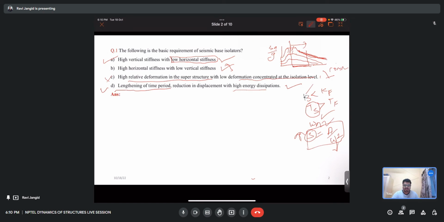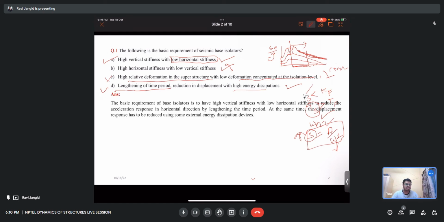I have written the statement also, you can go through this statement. The basic requirement of the base isolator is to have high vertical stiffness with low horizontal stiffness, as I discussed, to reduce the acceleration response in the horizontal direction by lengthening the time period.